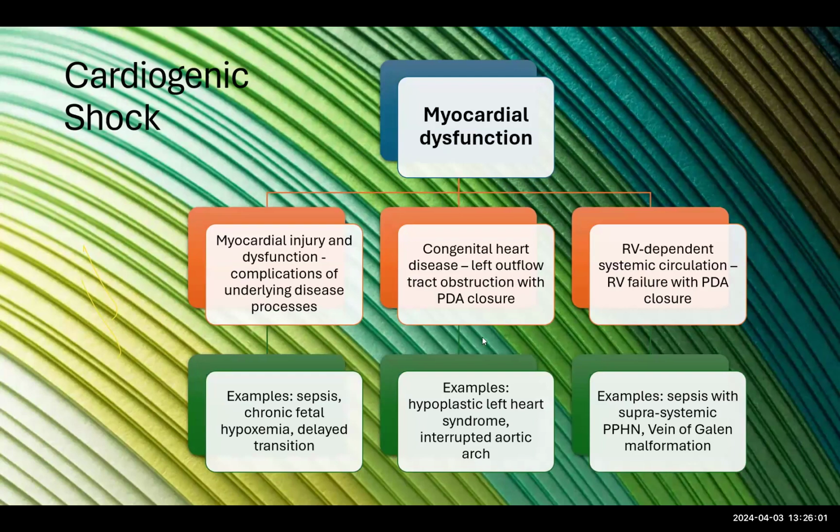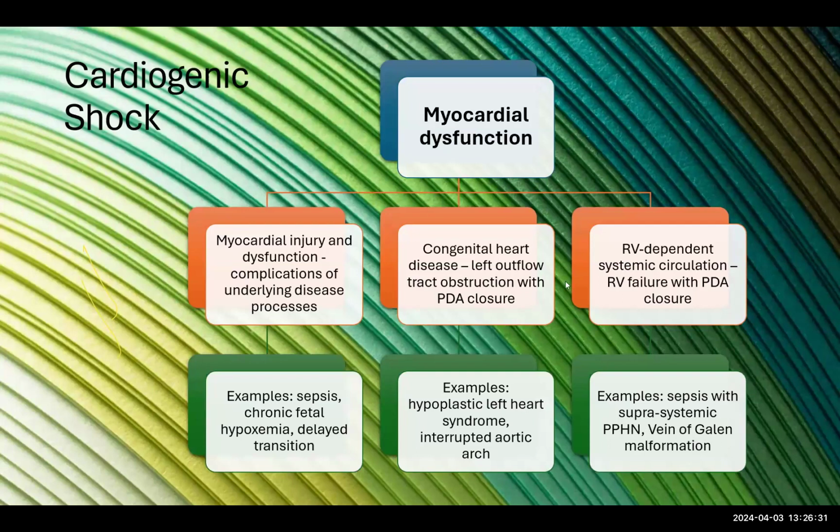And then there are some other pathologies, those supersystemic, what we call RV-dependent systemic circulations, with RV failure because of sepsis, because of supersystemic PPHN, or even sometimes vein of Galen malformations. And with PDA closure, the baby can crash in front of you. It could be due to underlying sepsis, it could be due to something else, but they can all be great mimickers of sepsis.